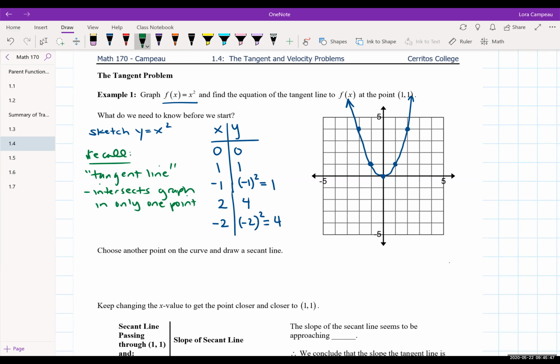So I could draw it just to get myself a good idea. So I want to remember that I'm looking at the tangent line at the point (1, 1). So I know that the tangent line has to go through this particular point. And I'll do my best to draw a straight line on this. Normally I'd like to use a straight edge.